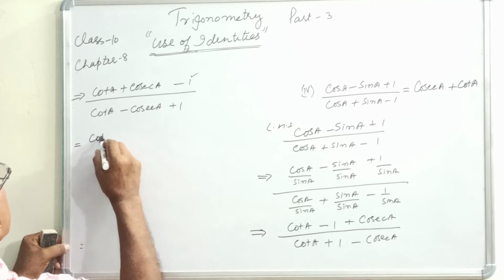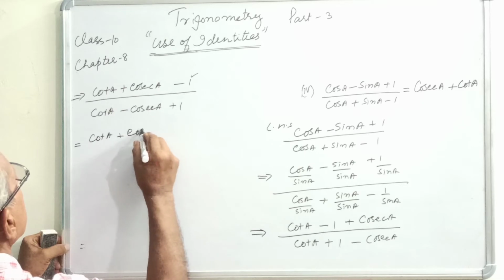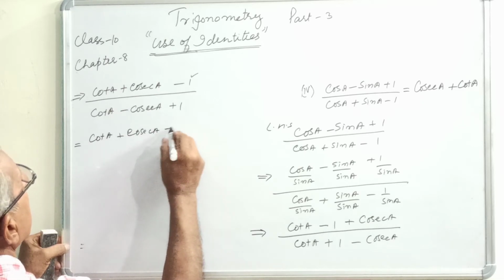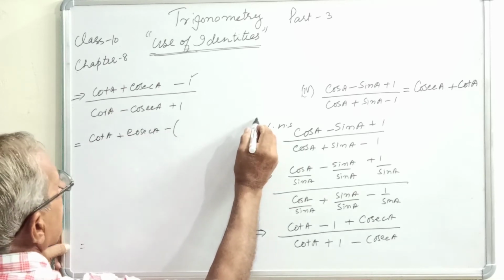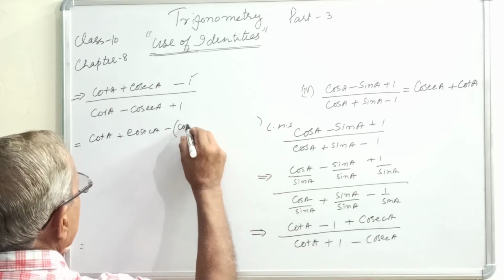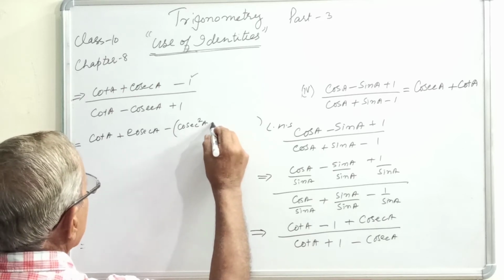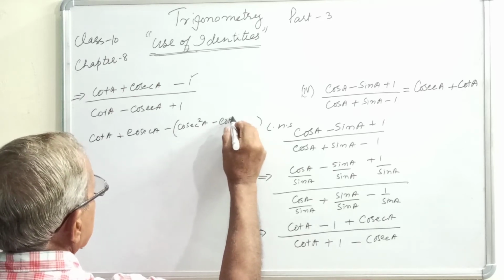Cot A plus cosecant A minus, in place of 1 I am writing cosecant square A minus cot square A.